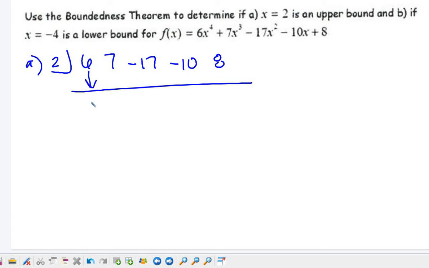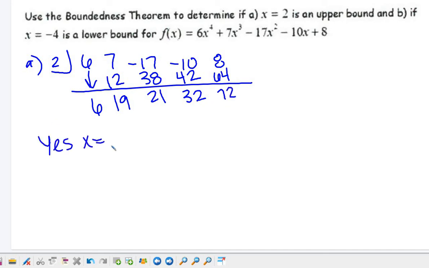So bring down the first, multiply, which gives me 19. 2 times 19 is 38, plus a negative 17 is 21, times 2 is 42, plus a negative 10 is 32, times 2 is 64, plus 8 is 72. So they are all positive, so yes, x equals 2 is an upper bound.